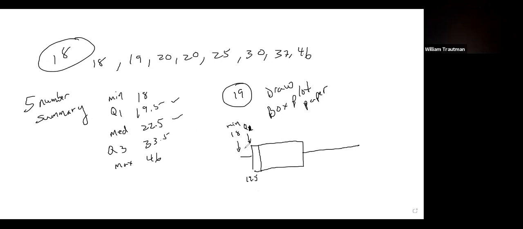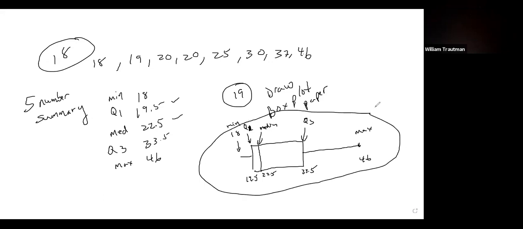The median, there's the median, is 22.5. Q3 is 33.5. And then the maximum is 46. So you need to submit something with the data on it like this, scan it or take a picture and then submit it to the Dropbox.